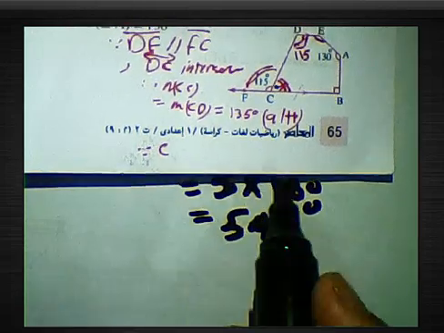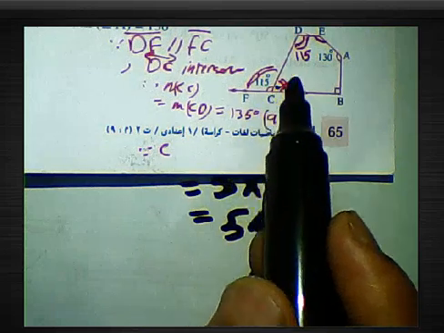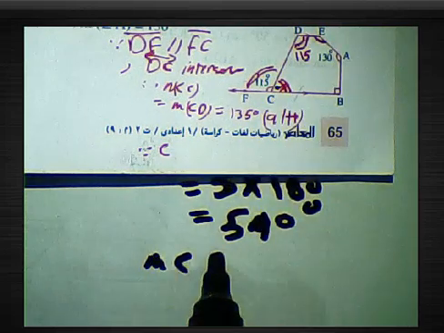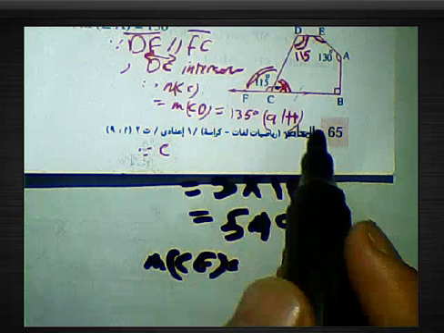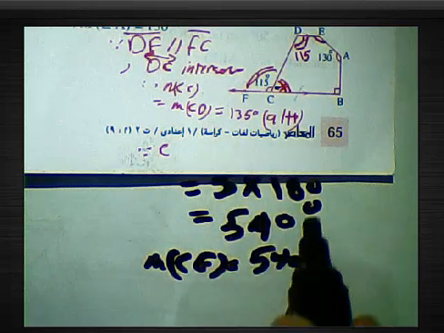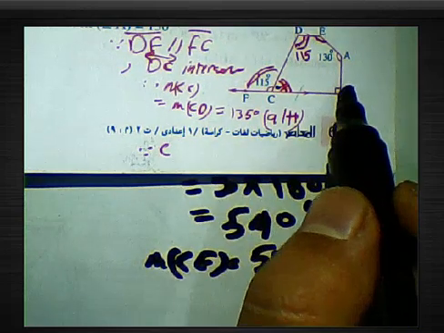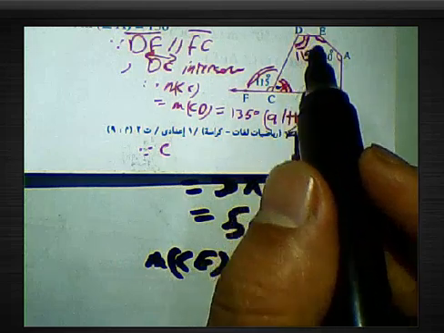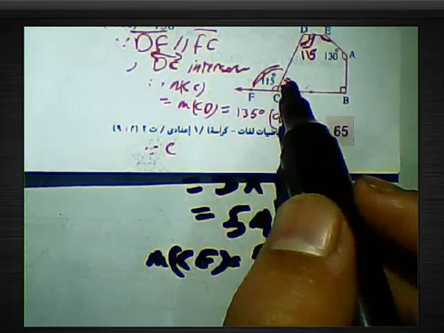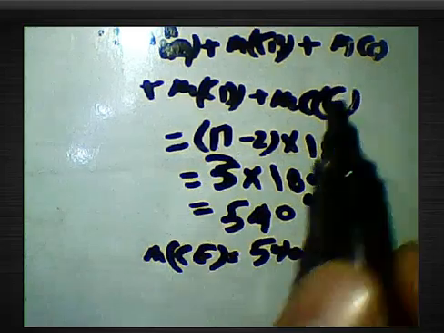And then we can find the measure of angle E. It will be 540 minus the sum of all the interior angles, 90 plus 130 plus 115 plus this angle here, which was 65.